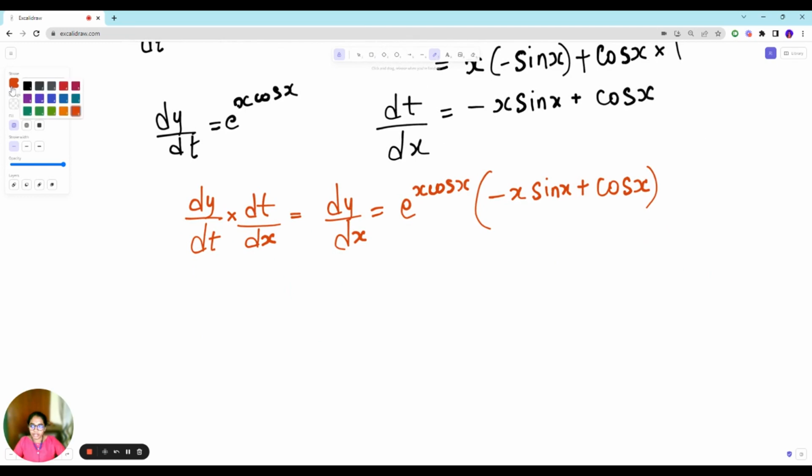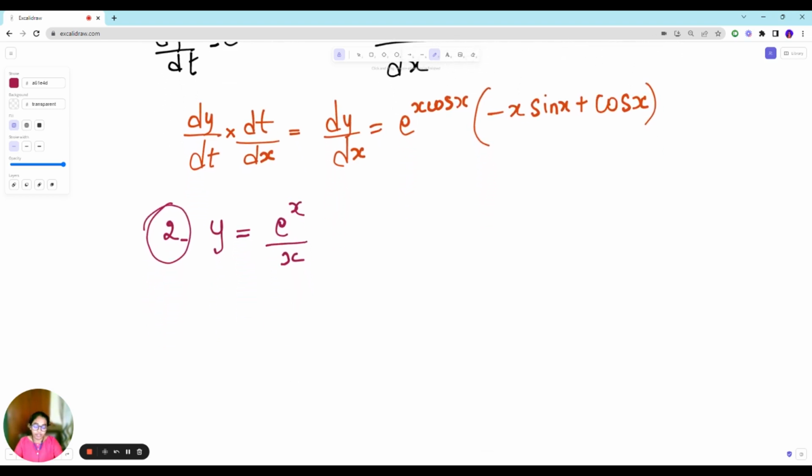Let me write down one more question. Say the second one is find the derivative of y is equal to e power x divided by x. Which rule do you use here? We use quotient rule. What does the quotient rule say? It says that first keep the denominator as it is, differentiate the numerator.